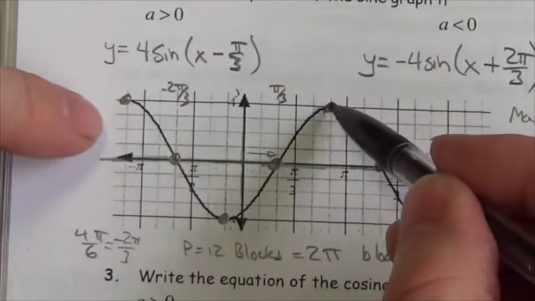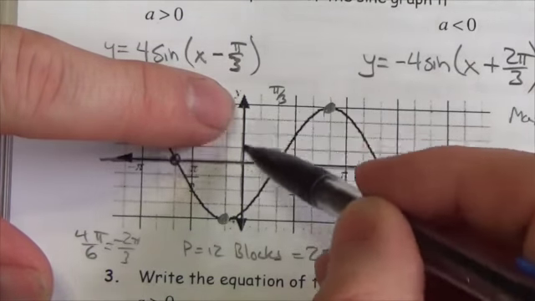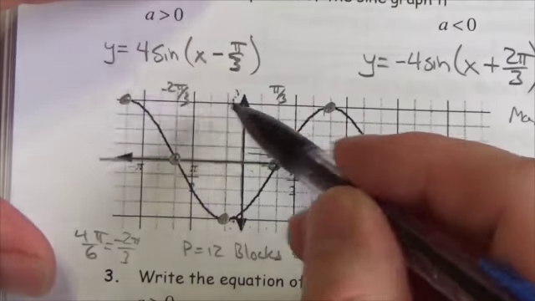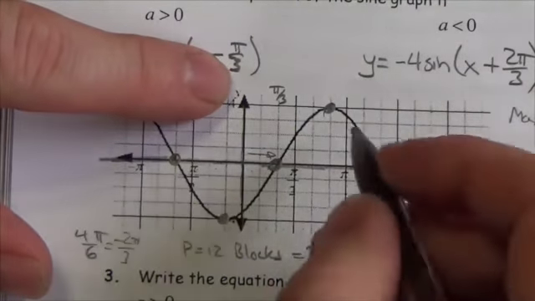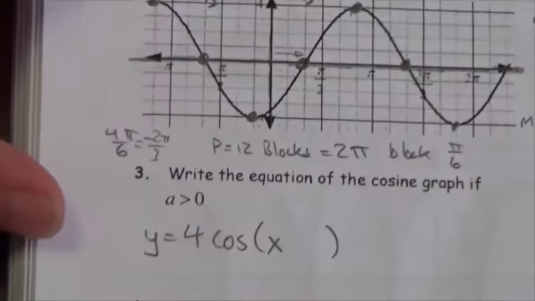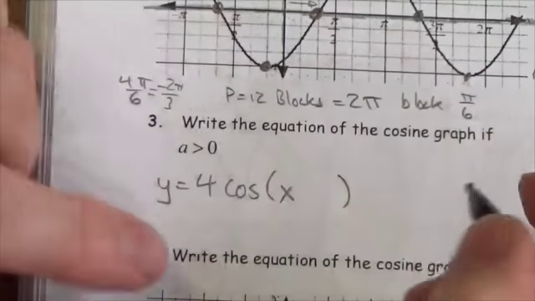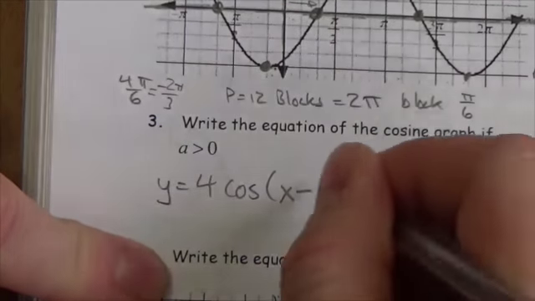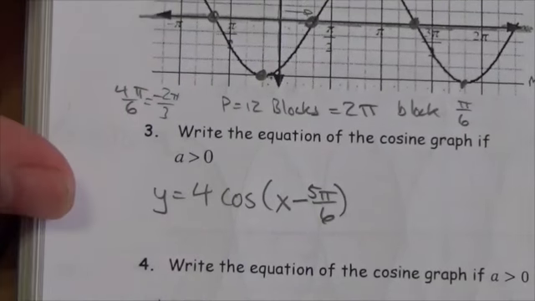In this case, it looks like this one is closer because it's only going to be 1, 2, 3, 4, 5 blocks away from the axis, whereas the other one is going to be negative 7 that way. Each block was pi over 6. So my first positive cosine graph has the beginning point moved to the right 5 pi over 6s.